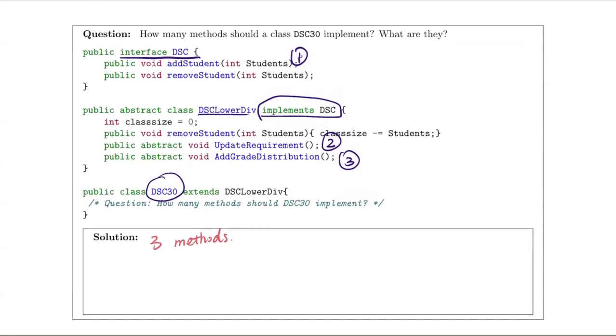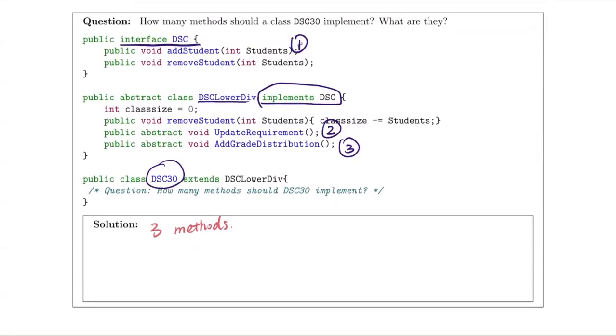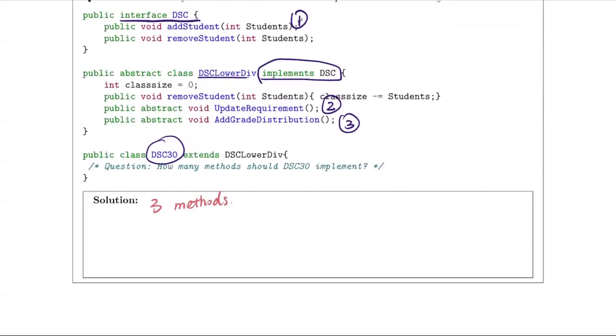So you could do DSC lower div implement DSC, and then DSC30 extend DSC lower div.